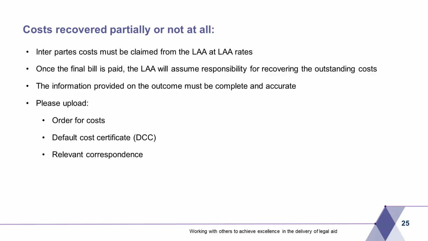So it's very important that all the information provided on the outcome of the cost award is complete and accurate. What we will need includes the order for costs, the default cost certificate, and any relevant correspondence that may assist in enforcement, including any correspondence, obviously, with the other side.